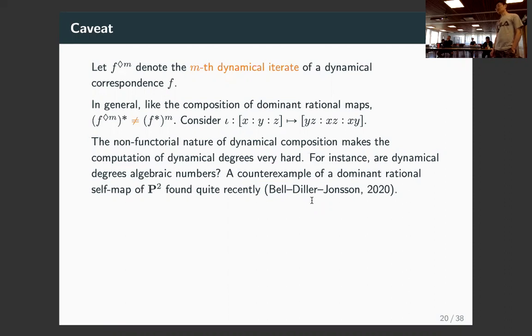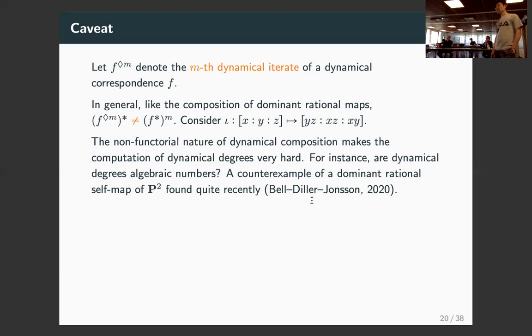If you pull back first and then take the m-th iterate, this is not necessarily the same as the pullback for the m-th dynamical iterate. For example, you can consider the standard Cremona involution on P^2. If you consider the twice iterate, it is the identity, so the left side is trivial, but the right side is not trivial.